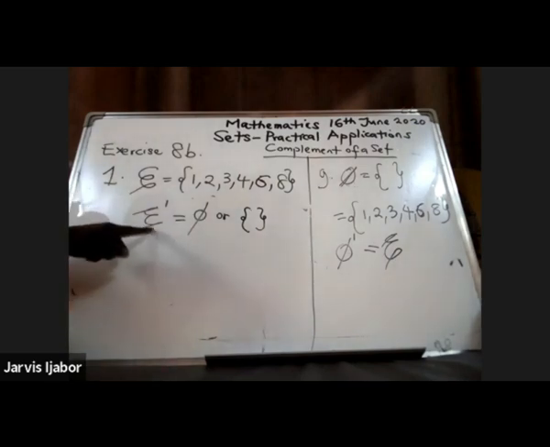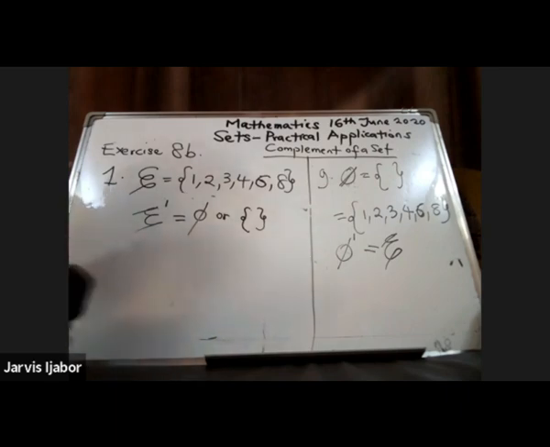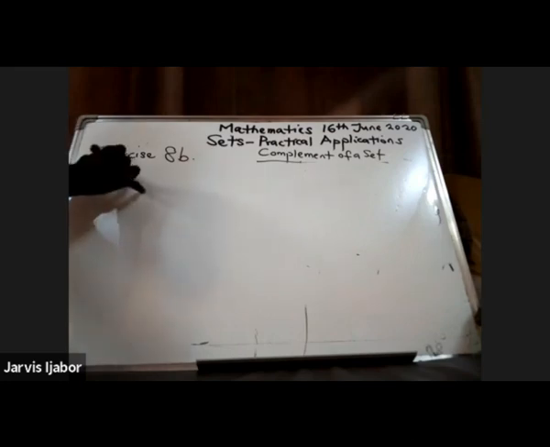So the complement of this set is the universal set. So take note of that. The complement of the universal set is an empty set. The complement of an empty set is the universal set.